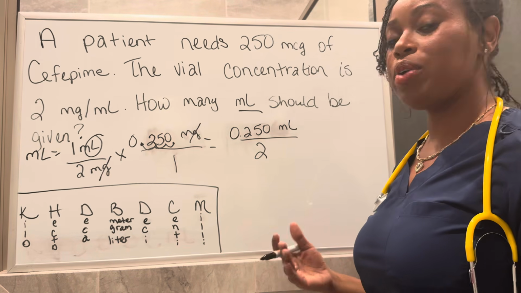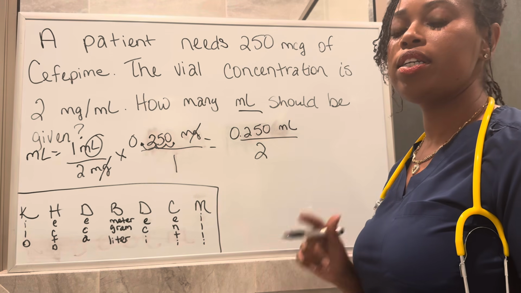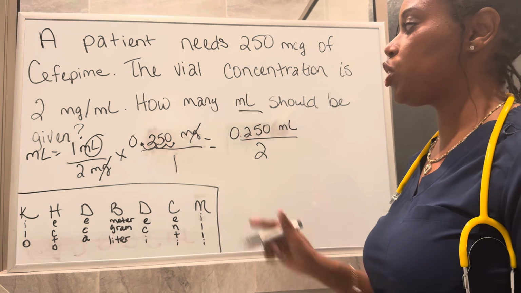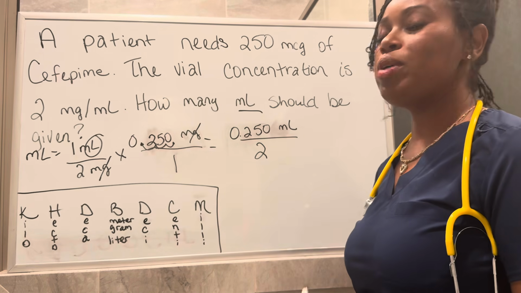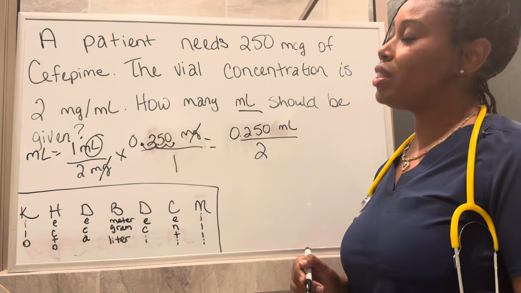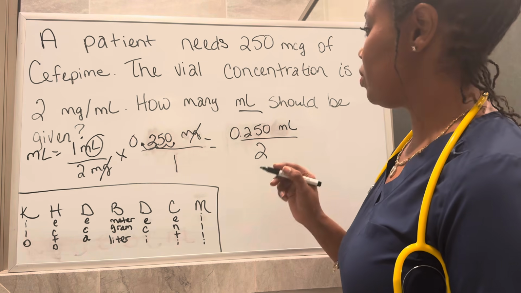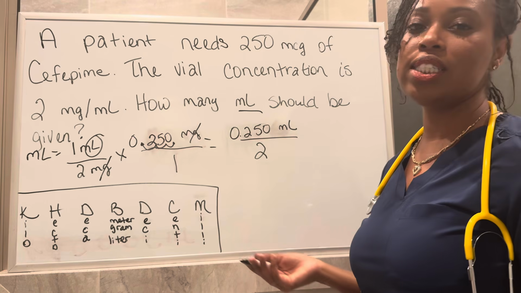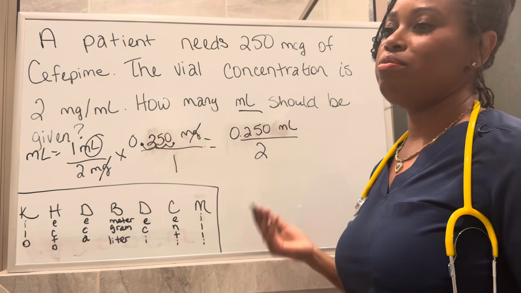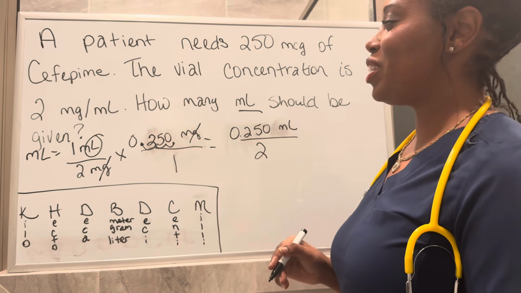I want to make sure that when I'm solving, I'm only left with what the equation is asking me for, nothing more, nothing less. I want to make sure I'm crossing out what I don't need, because you don't want to be left with too much information. That's how you get confused, and you don't want to get confused, trust me, because that leads to wrong medication dosage errors and all the things.